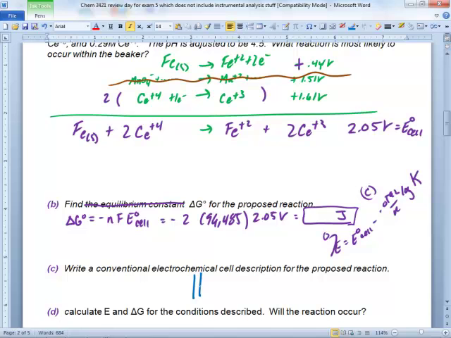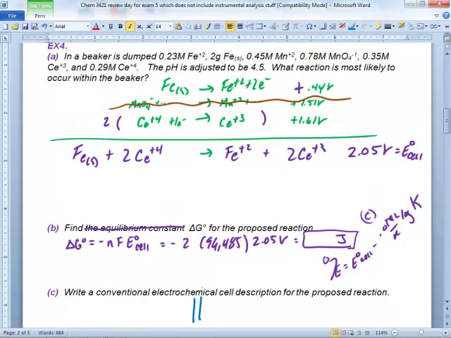How would you write the cell description here, using that half reaction? It has to be Fe solid first. Now, is there a concentration to write in front of the Fe solid? No, solids are solids. They don't have a concentration.